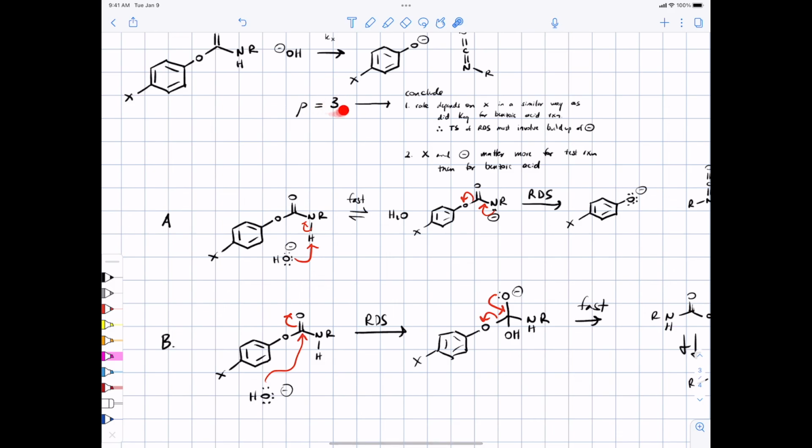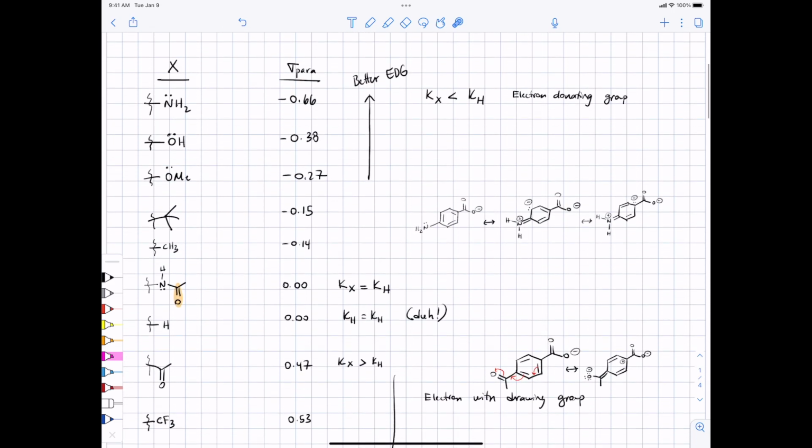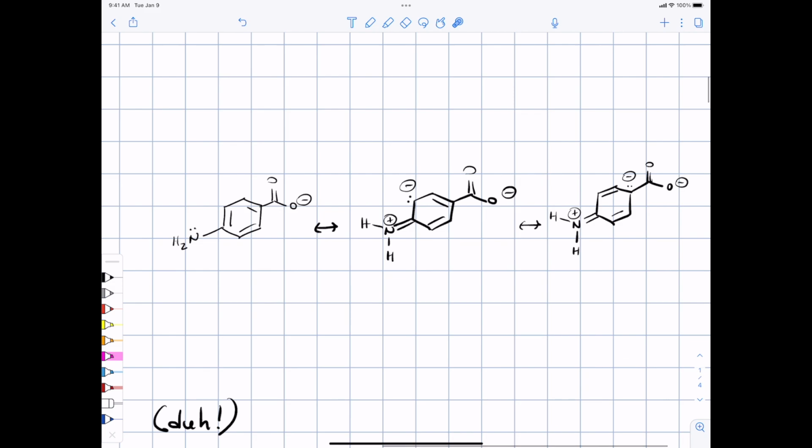Now, the fact that rho is 3 and of such high magnitude means that the substituent matters more for this test reaction than for benzoic acid. Recall that for benzoic acid, the effect of the substituent is sort of related to resonance, but sort of not, in the sense that the thing that has the negative charge is not directly conjugated to the substituent X. And so, though by resonance we can put negative or positive charges into the benzene ring, we can't delocalize the negative charge on the carboxylate into the ring.